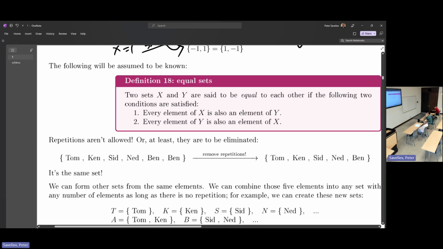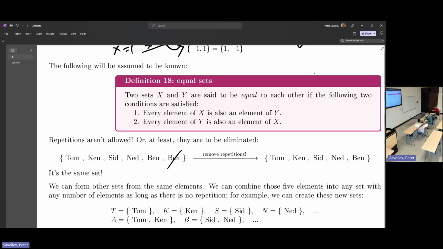Repetitions are not allowed. Remove them beforehand. And so here Ben, I remove one of the Bens because then on the left you better not have it. If you're writing it in the form of a list, your list should rather not have repetitions.